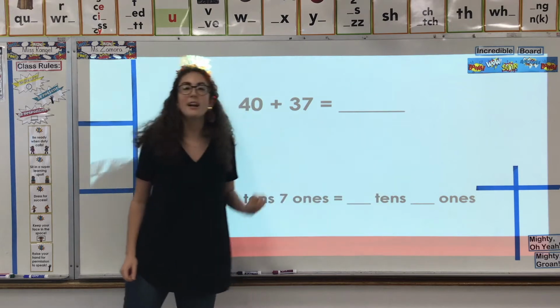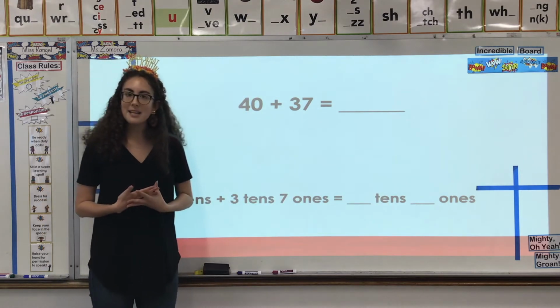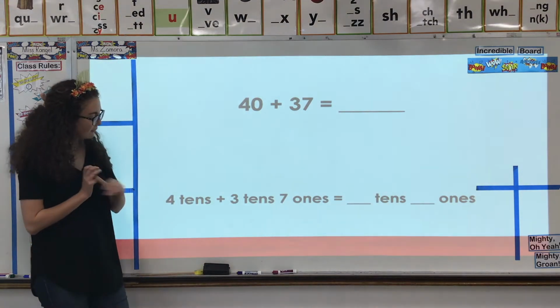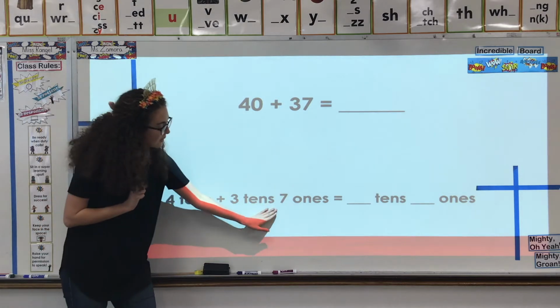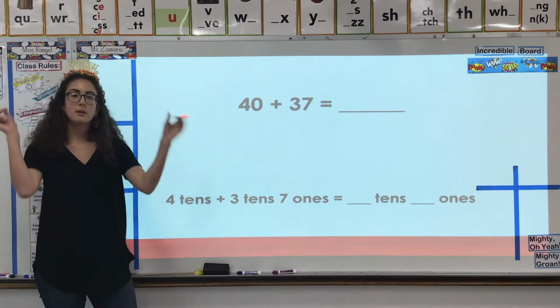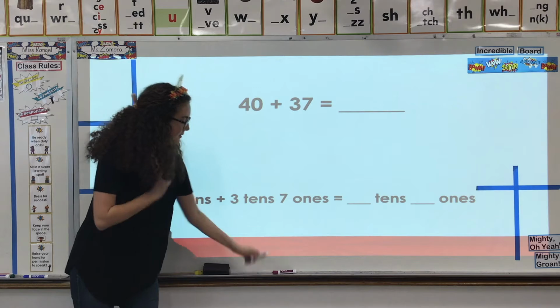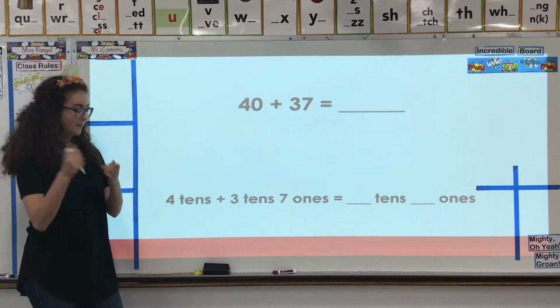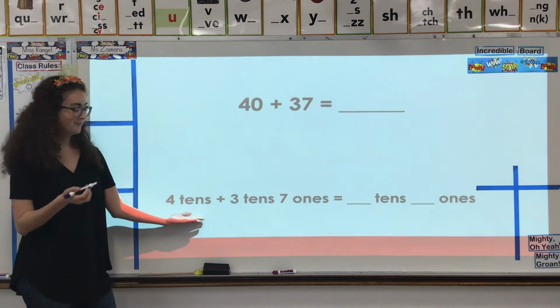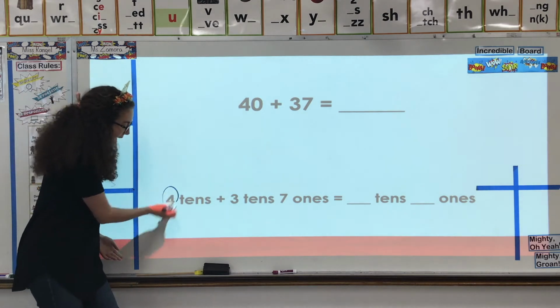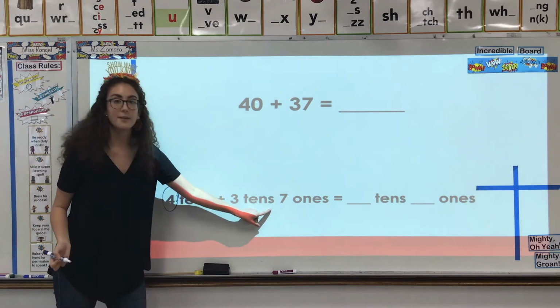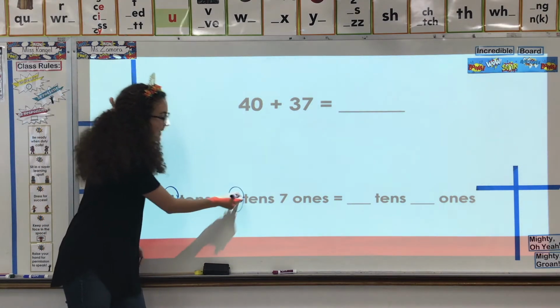So what would our answer be when we're adding our tens? Let's see, my friends. What are we going to add together? What are in the same place? We're going to add 4 tens, of course, and 3 tens.